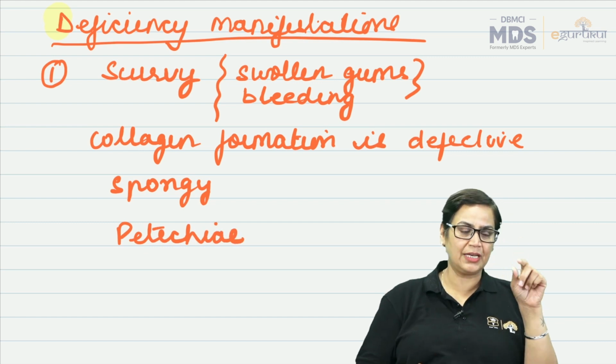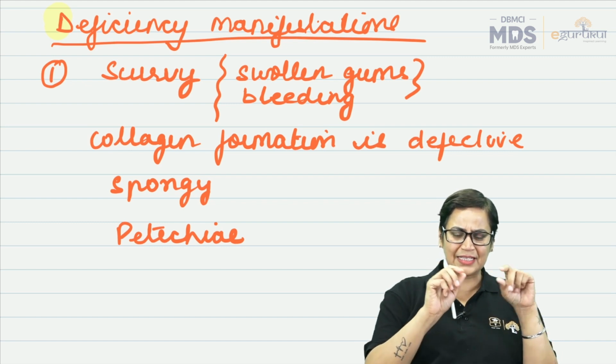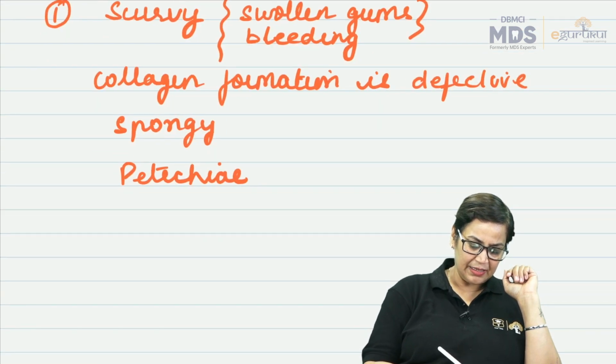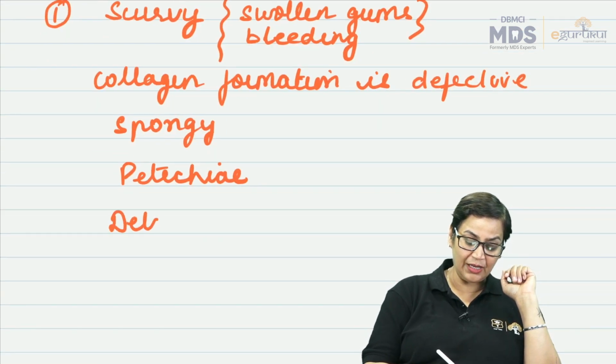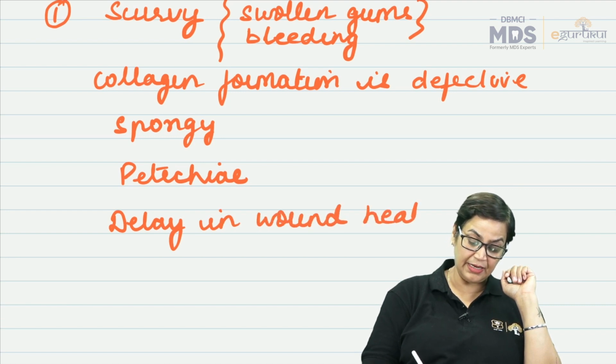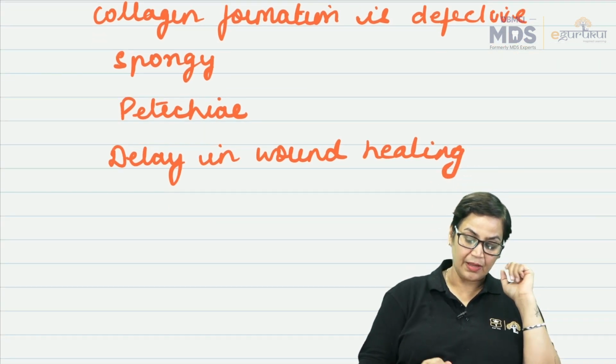Then this also leads to petechiae also, because of excessive hemolysis. Then delay in wound healing also is there. Delay in wound healing. Again, the reason is collagen formation is defective, right?